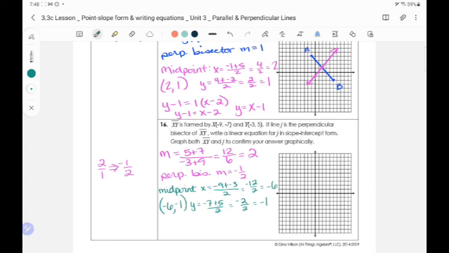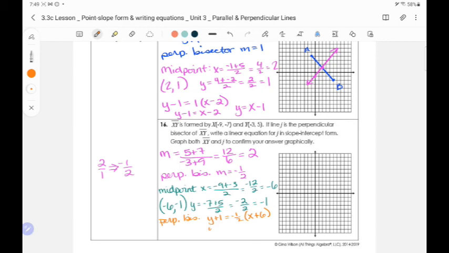And then the last thing is to write the equation for the perpendicular bisector. Let me change the color for this, just so that it shows up a little better. So for the perpendicular bisector, we've got y plus 1 equals the slope we said is -1/2 times x minus -6, which is x plus 6.